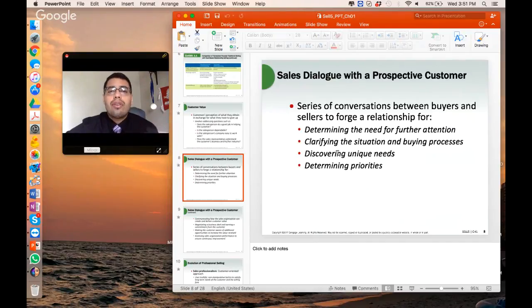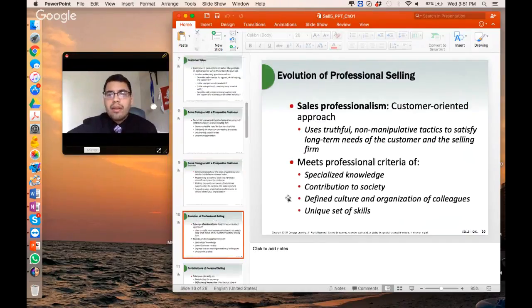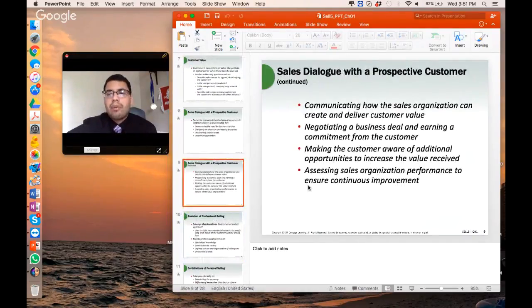So the need for me to talk to a new parent would be how 3 bedrooms is so ideal. 1 for you, 1 for the kid, and another room just to have guests coming over to see the kid. Perfect example of how to get into that need. If you don't get into that need, then you're not necessarily selling the product correctly. Sales dialogue with a prospective customer.